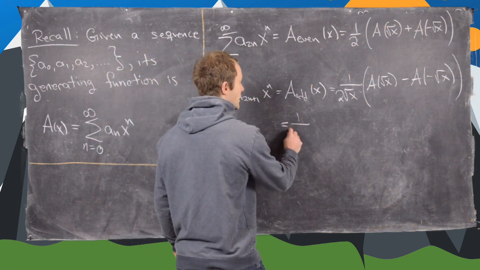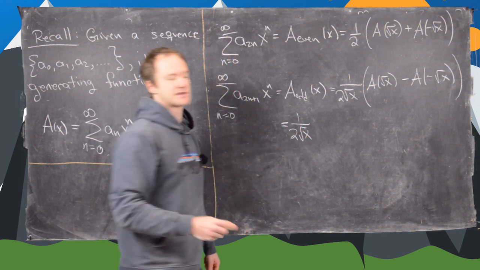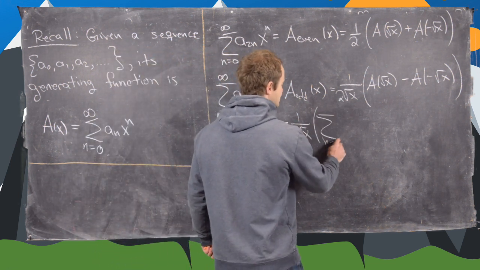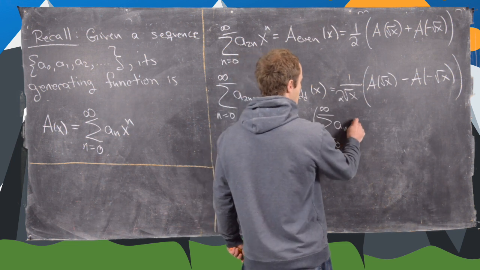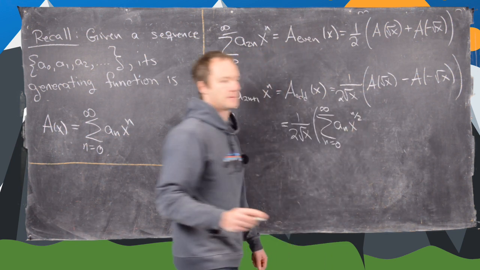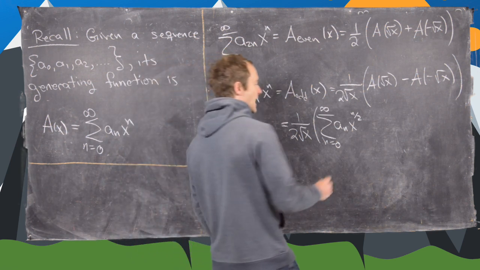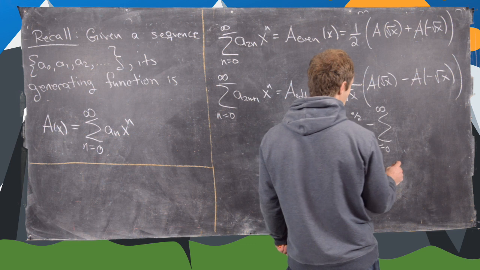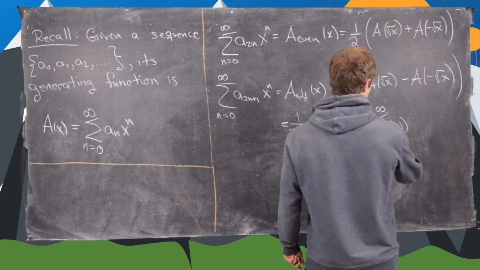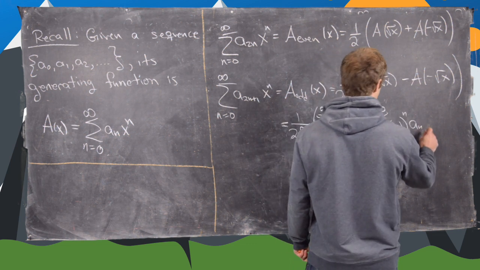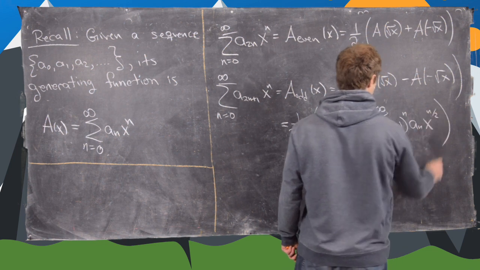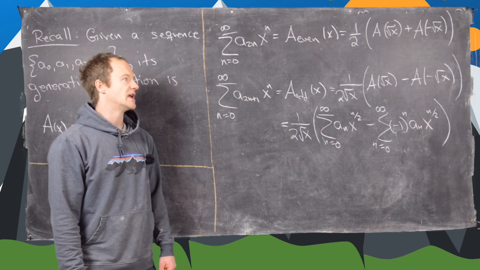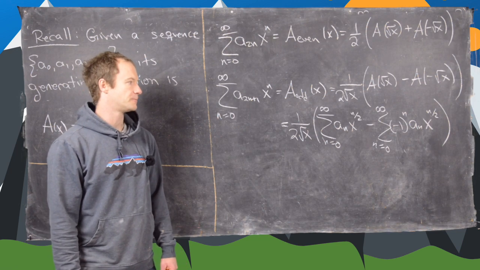So this is going to be 1 over 2 root x. And now we have the sum n equals 0 to infinity of a_n x^(n/2). So that's the first part. And then minus the sum n equals 0 to infinity of (-1)^n a_n x^(n/2). Great. So that's what we get by composing negative the square root of x in there. Good.